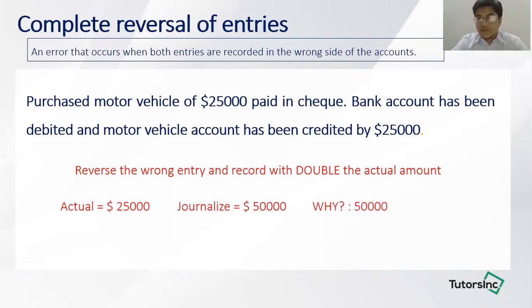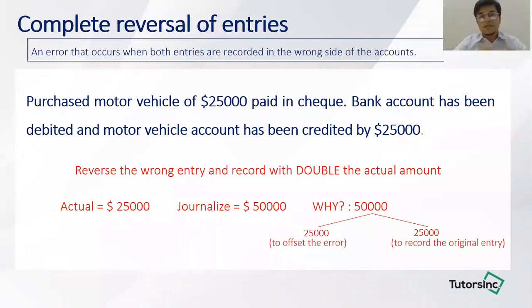Now, the reason is, we have $25,000, double of that is $50,000. So why 50,000? First, break down this 50,000 into two parts of 25,000 and 25,000. Remember the transaction. We have debited bank account and credited motor vehicle account by 25,000. Now let's talk about the bank account first. The bank account in this case was supposed to be credited, but we have by mistake debited this account.